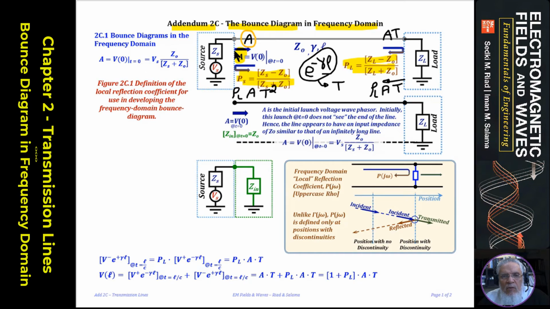So this impedance looking into the line is actually Z sub naught. So the signal here will be the V sub S divided, voltage divider between Z sub naught and Z sub S. And here's the expression. The A is V at Z equal to 0, also at T equal to 0. So it's actually Vs times Z naught divided by Z naught plus Zs. That's your A. Very simple expression.